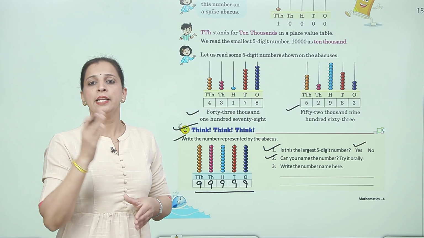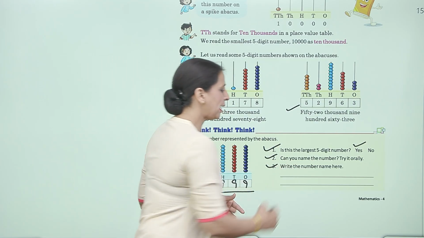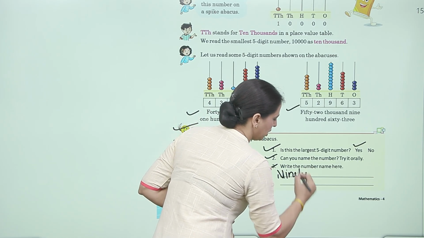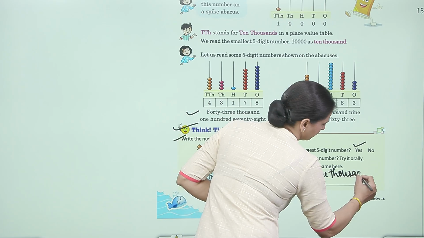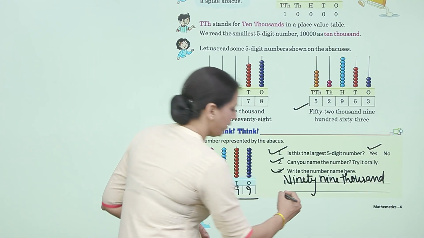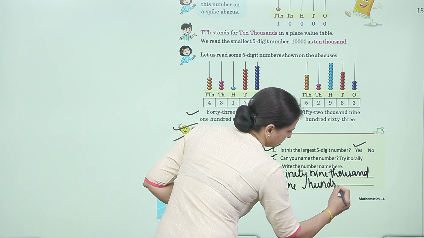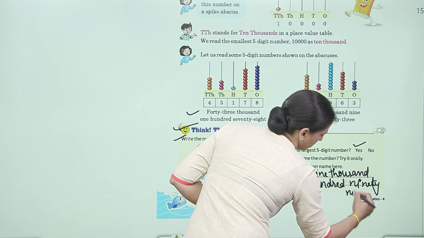Try it yourself. 99,999. Now, third, write the number name here.